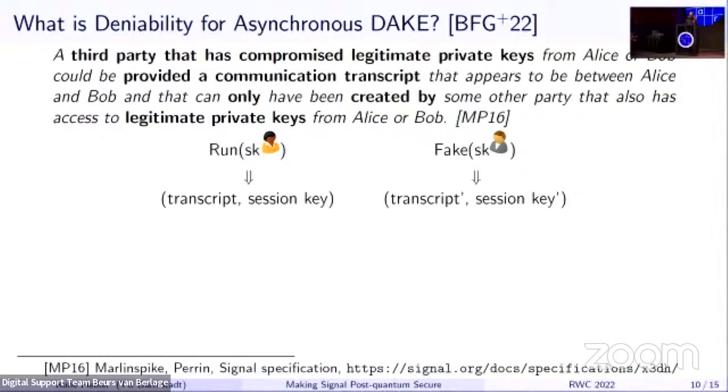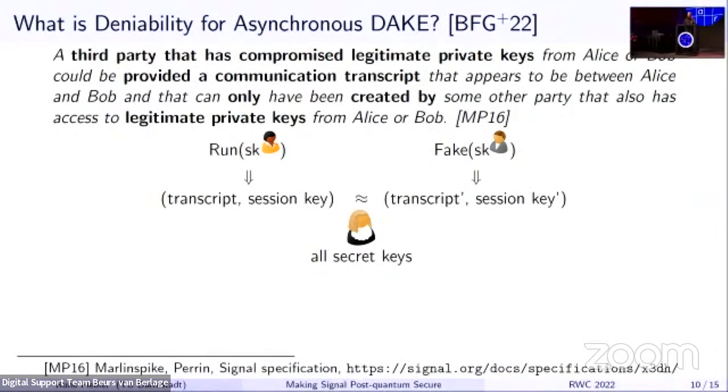And next we have this third party, the judge. And the judge cannot tell if the transcript and session key was produced via the run algorithm or via the fake algorithm. And that should be the case even if the judge has access to all of the secret keys. And this is the new deniability definition that we propose.